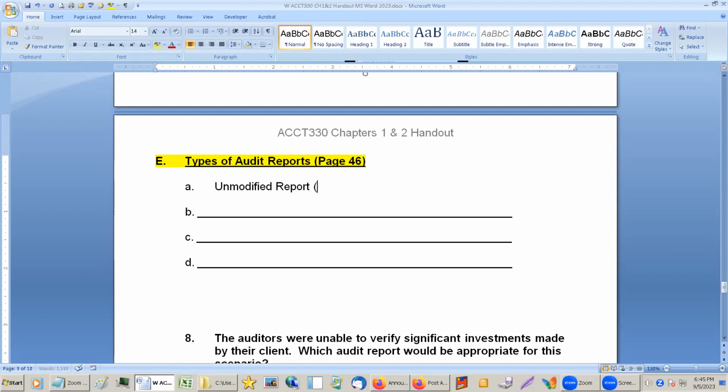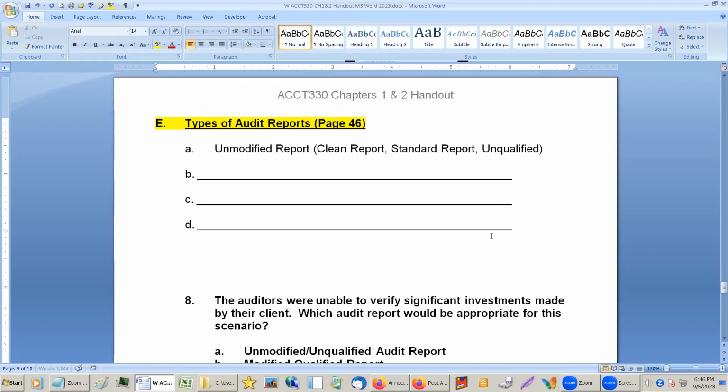So sometimes known as a clean report, the standard report, or the unqualified report. The unmodified report.